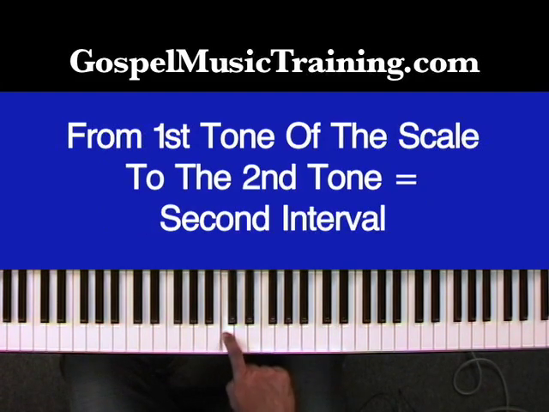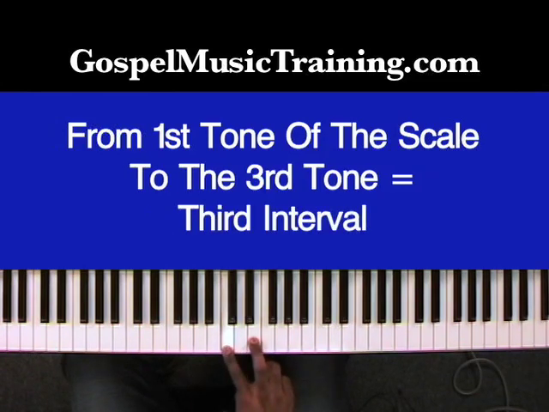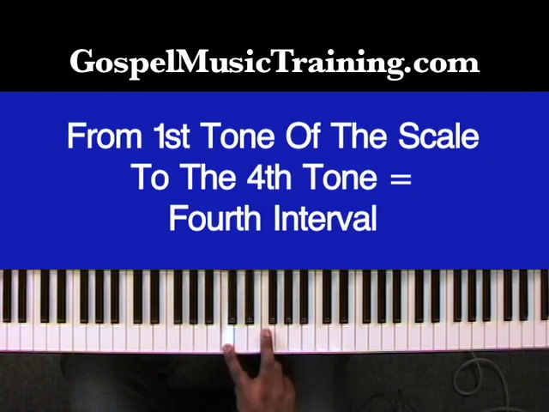From the first tone of the scale to the second tone of the scale, that's called a second. So when I ask what's the distance between the first tone and the second tone, you should say second. The distance between the first tone and the third tone of the scale, those are called thirds. The distance between the first tone and the fourth tone, well, you should get the gist now.